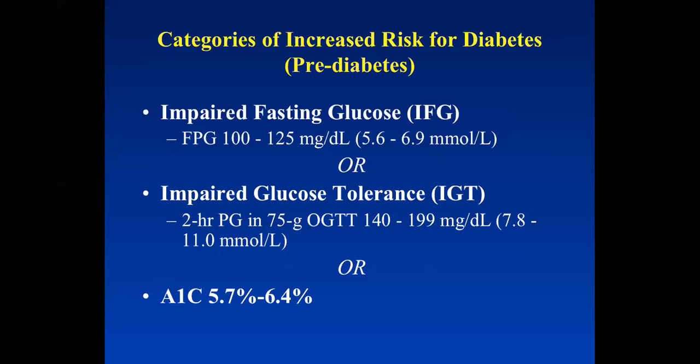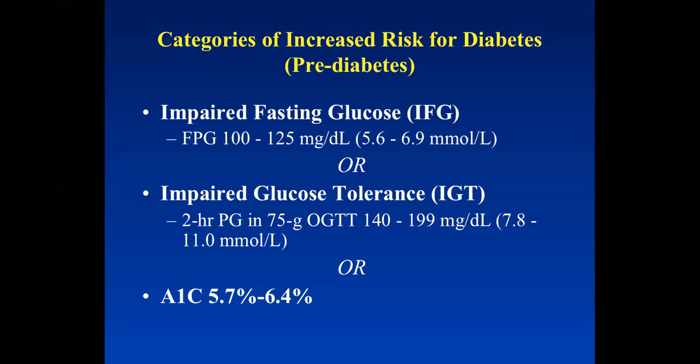So if you do a fasting plasma glucose and it falls between 100 and 125 milligrams per deciliter, or 5.6 to 6.9 millimoles per liter, that is a pre-diabetic state. He hasn't developed diabetes because it's not 7 yet, but he has a higher risk of developing diabetes.